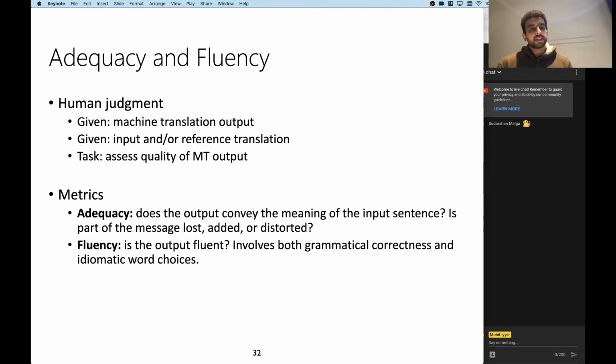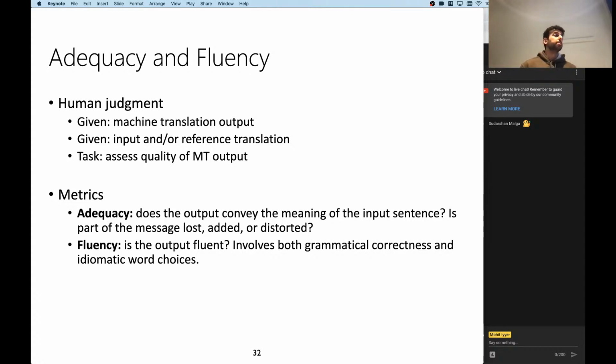Okay, so when we're talking about any generation problem, we are usually evaluating different aspects of the output, not just a single, how good is this translation? For machine translation, there are two important properties. So there's adequacy: does the generated output from the system convey all of the meaning of the source language sentence?